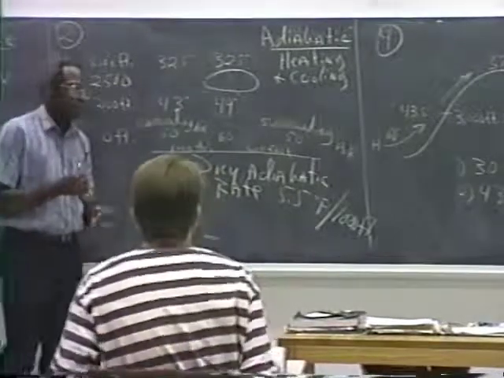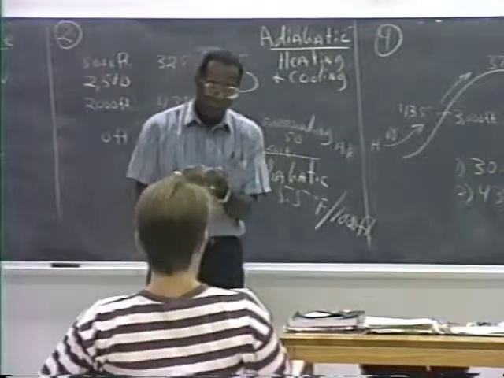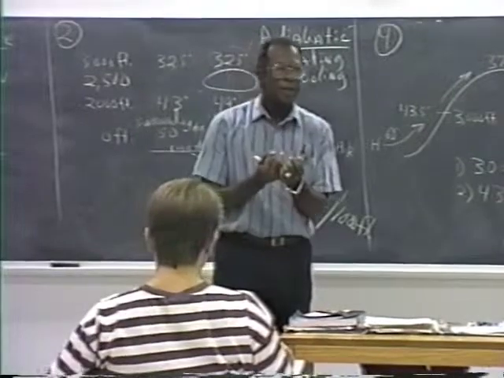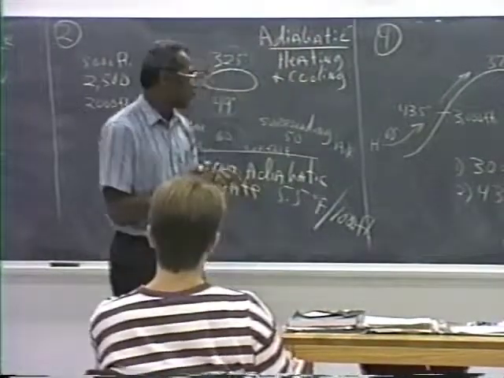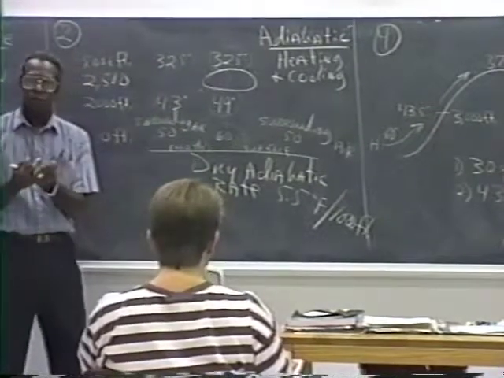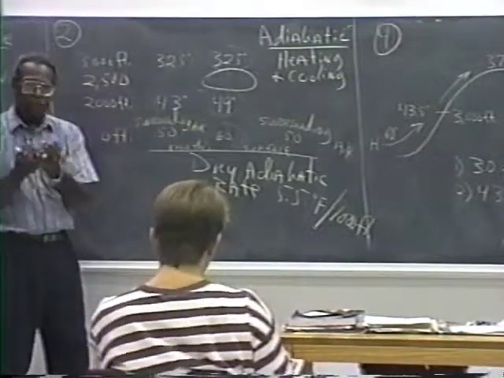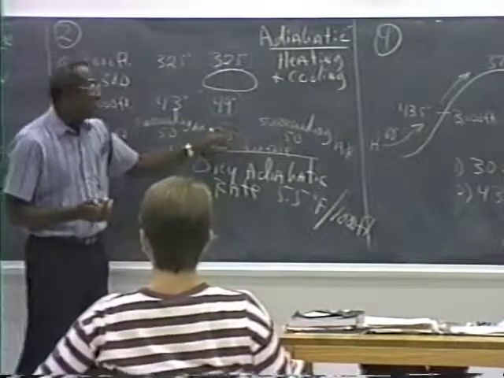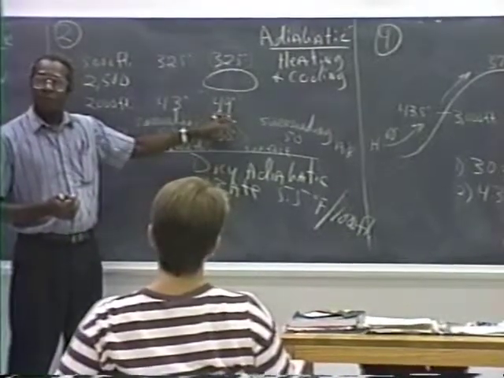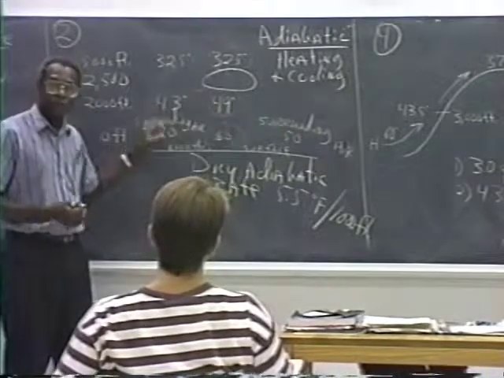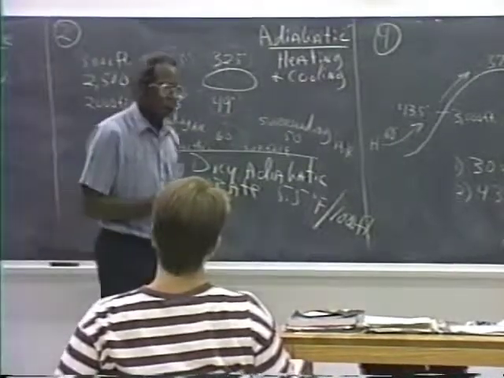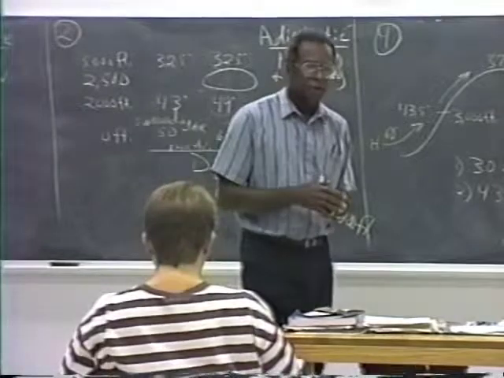Now, it's important in looking at adiabatic heating and cooling, really to look at the concept as well as the computations. The concept is the fact that, and we've already talked about this, and I don't want to be redundant, but when air is heated, for whatever reason, it's going to rise because it's going to be warmer than surrounding air. You might ask the question, well, in what instance does this take place?